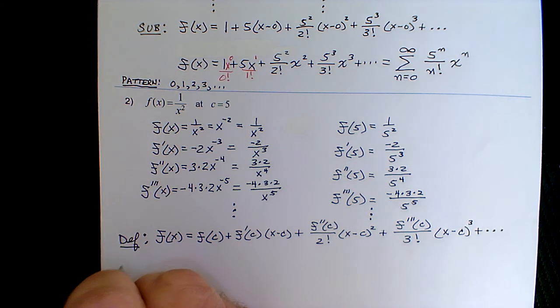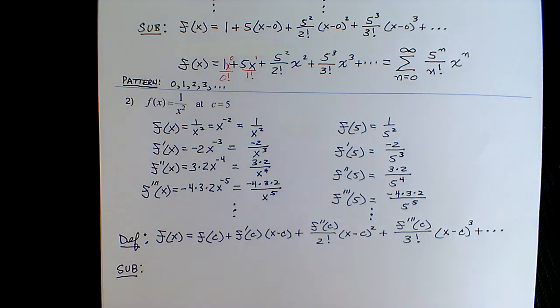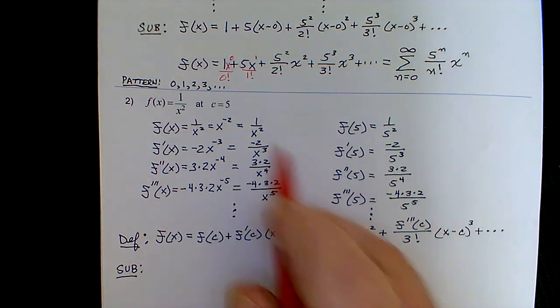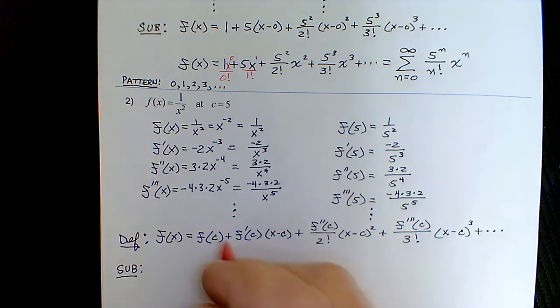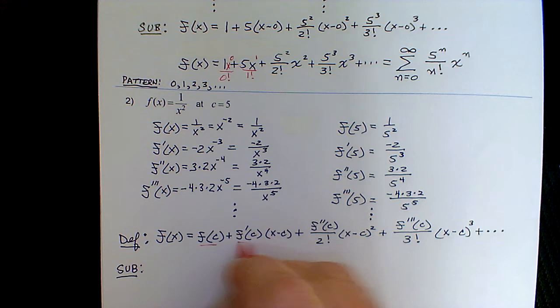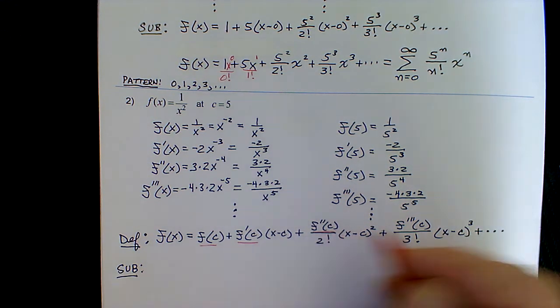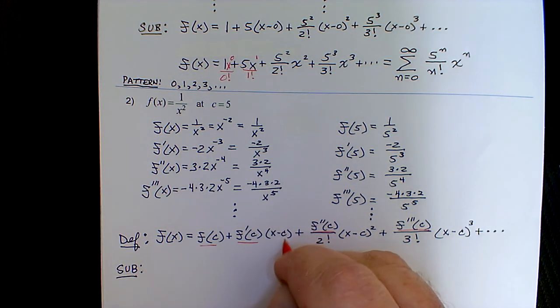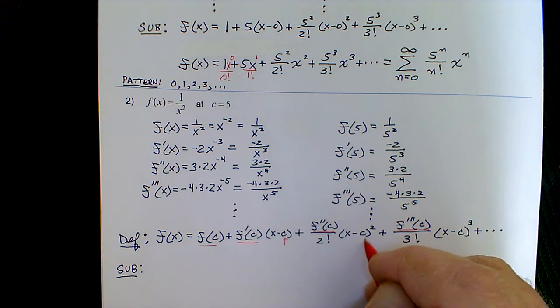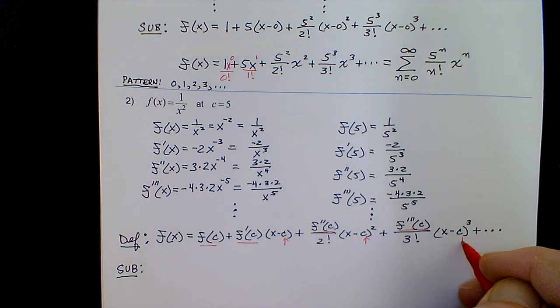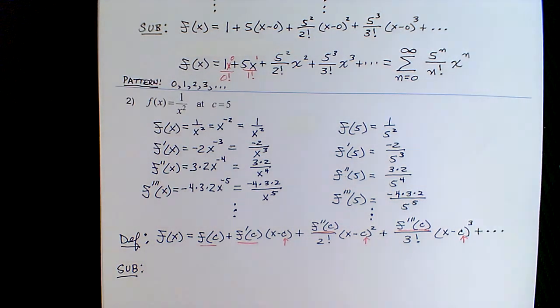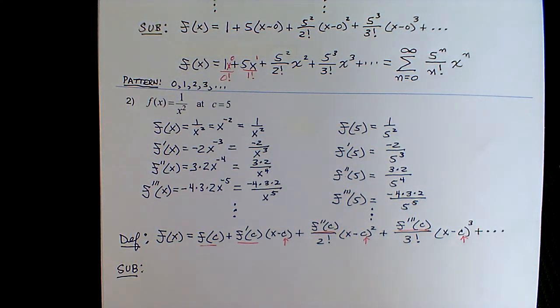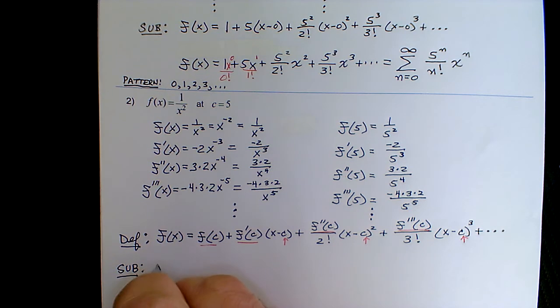So then we'll make our substitution. See, all that's happening is the only thing we're doing is going through that process and substituting the values we found for the derivatives and the function evaluated at that point. Also have to pay attention to substituting in the c's as well in the binomial. But the x's stay because the x's define the polynomial.